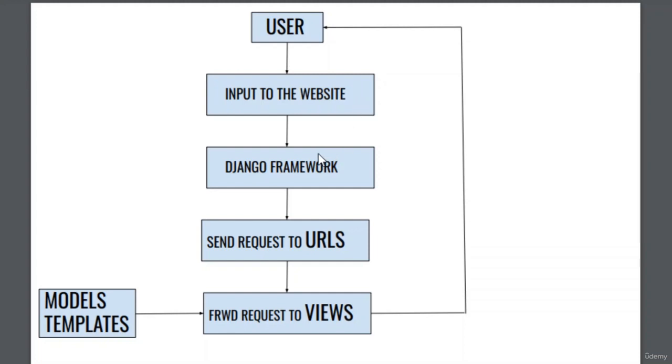And views will use the models and templates to get the data and show the result to the user. So the triangular relation between models, views and templates is known as MVT. And in the template section, we will be using HTML, CSS, JavaScript, but we will also be using DTL, which is known as Django Template Language. So we can also write our Python logic inside the HTML files by using DTL.